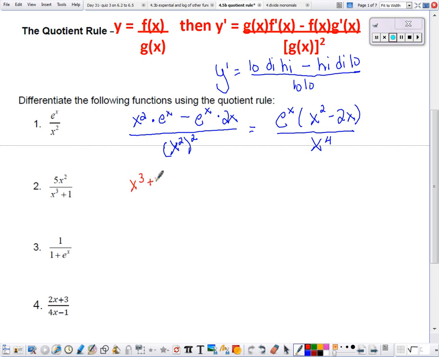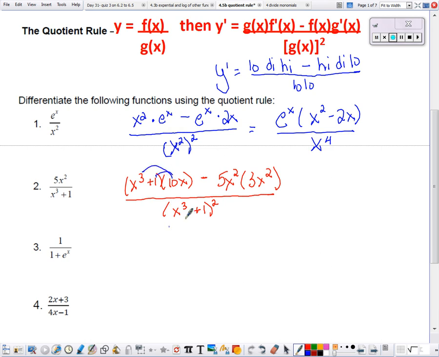Low d high, so the derivative of 5x squared is 10x, minus high d low, all over low low, so the denominator squared. But now we have to simplify this.